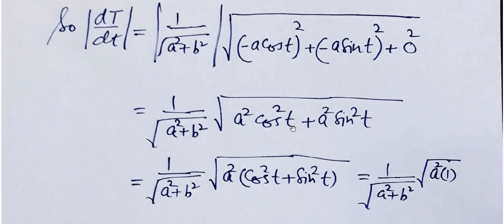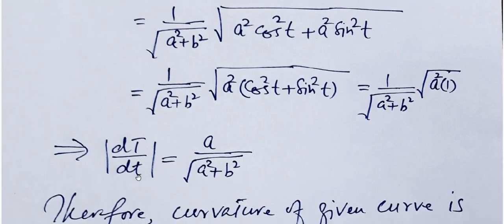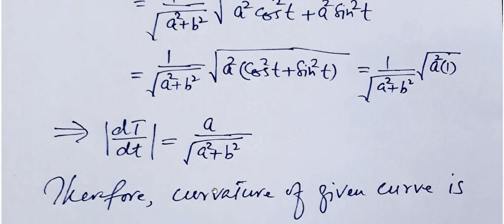Here you can take a² common, so it will be cos² t plus sin² t, which is 1, so it will be the square root of a² over the square root of a² plus b². So the magnitude of the derivative of the unit tangent vector is a over the square root of a² plus b².